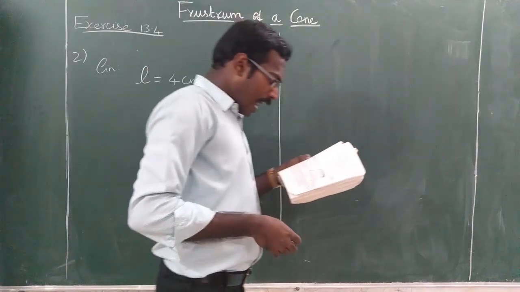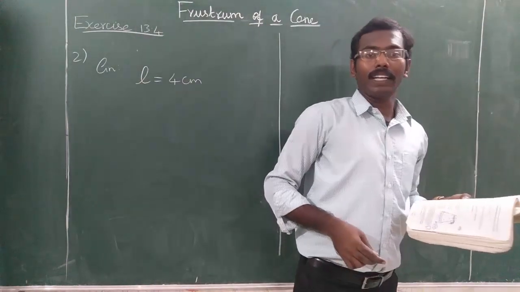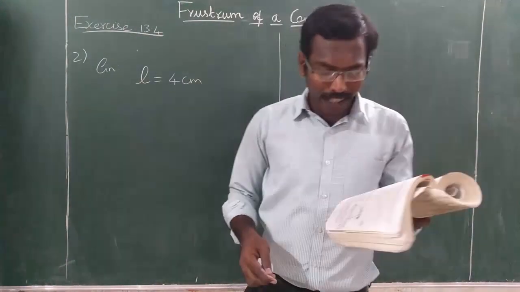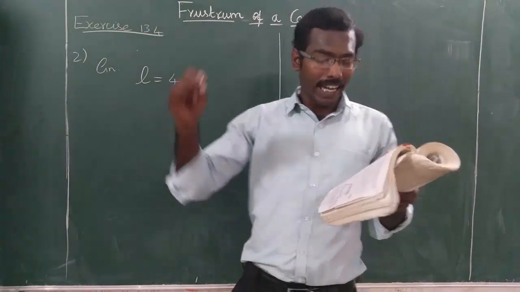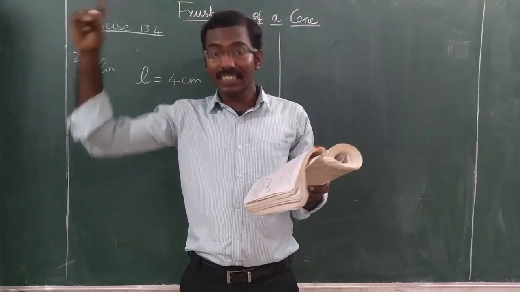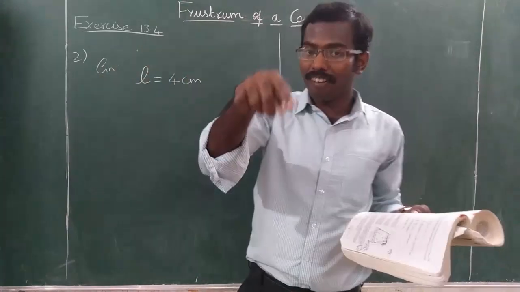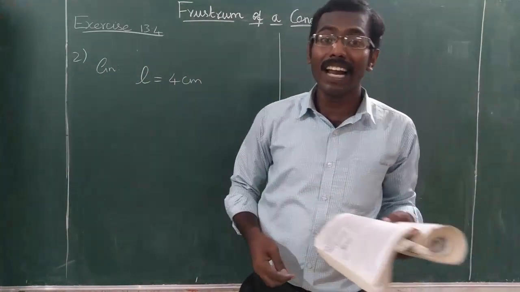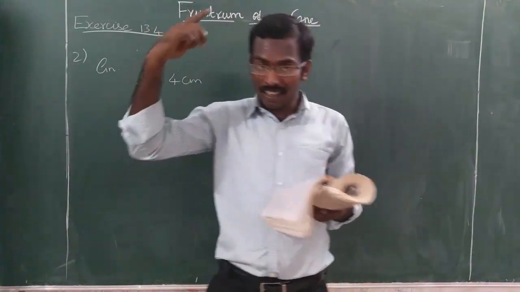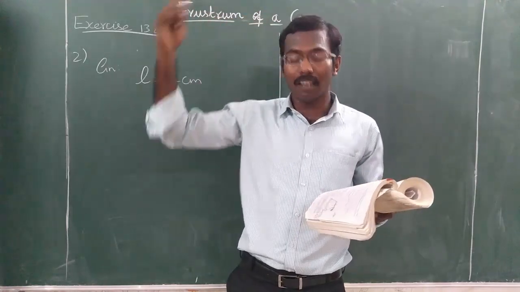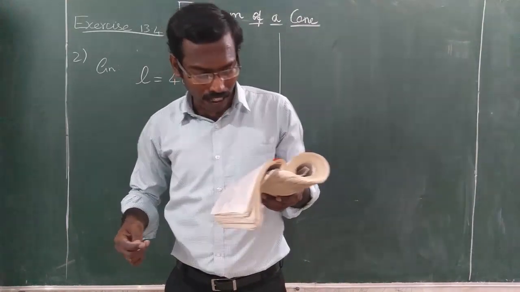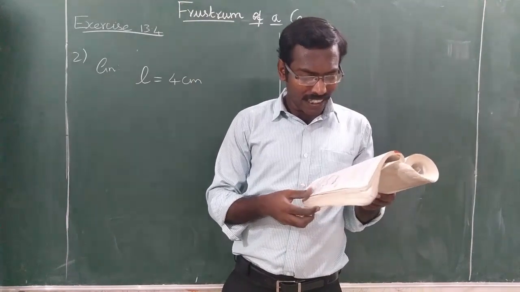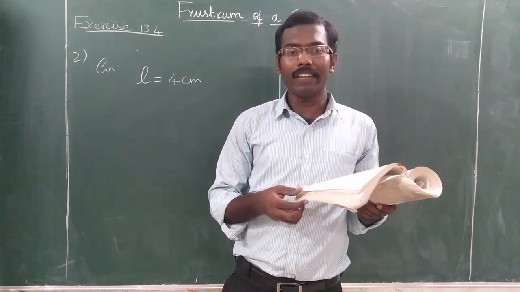Then the perimeter, meaning circumference, of its circular ends are 18 centimeter and 6 centimeter. Instead of diameter, here circumference is given. One circumference is 18 centimeter, another one is 6 centimeter. Now you have to find the curved surface area of the frustum.